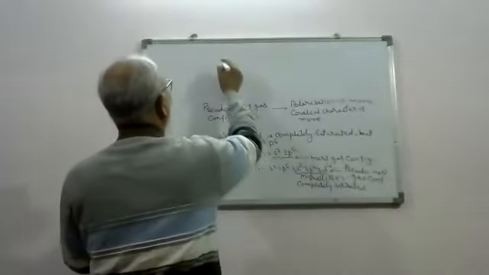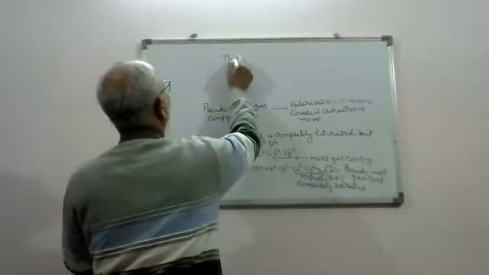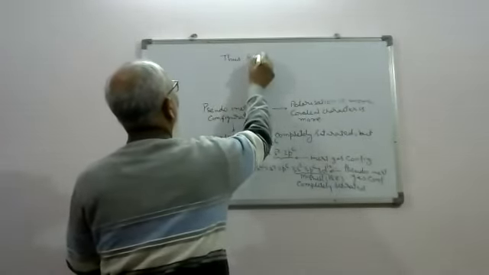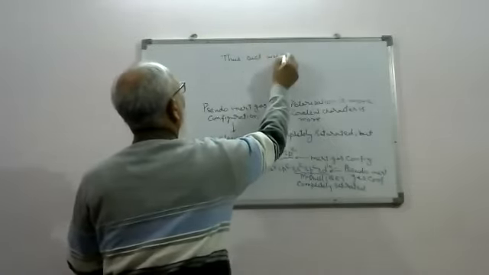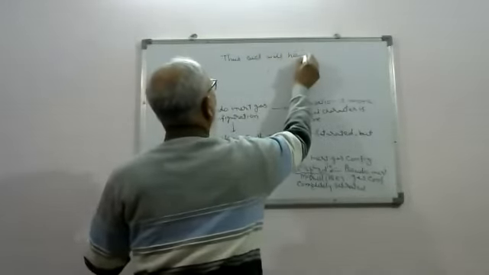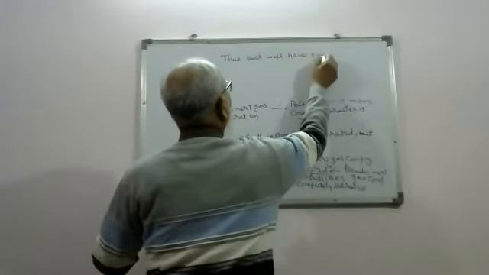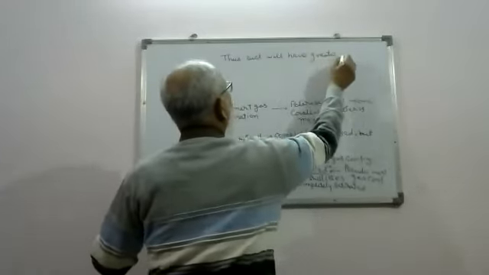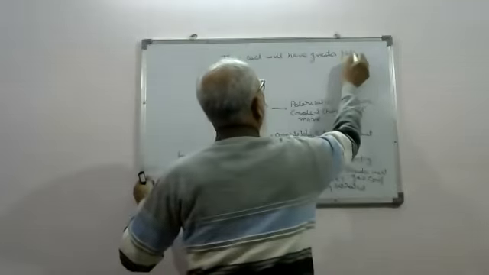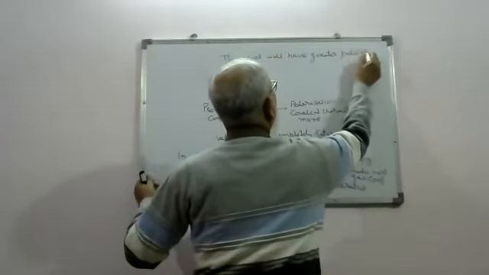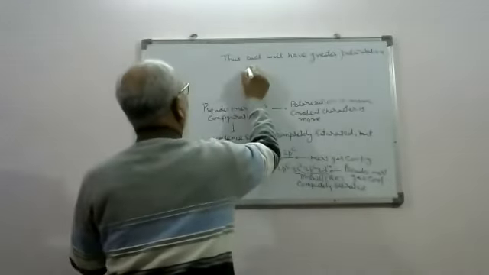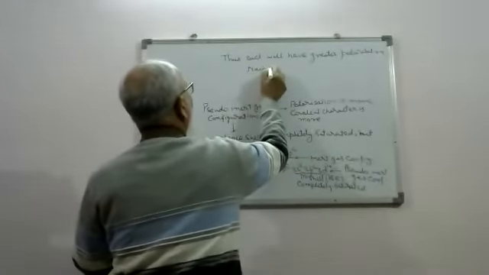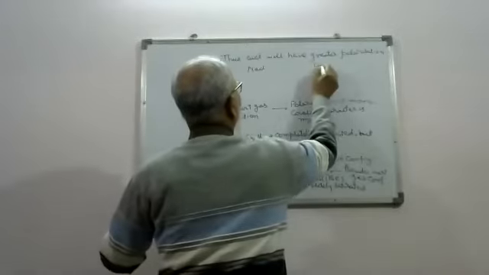Thus, CuCl will have greater polarization, NaCl will have less polarization.